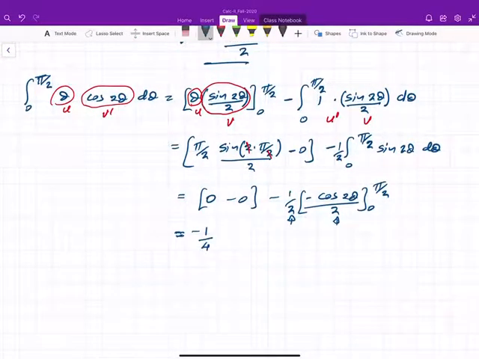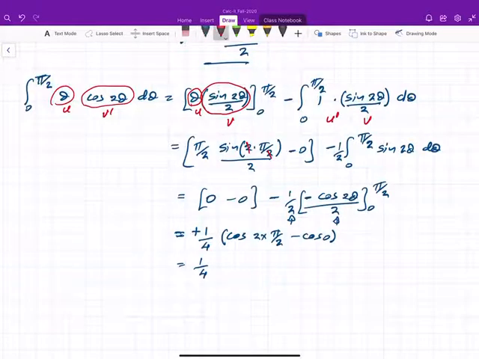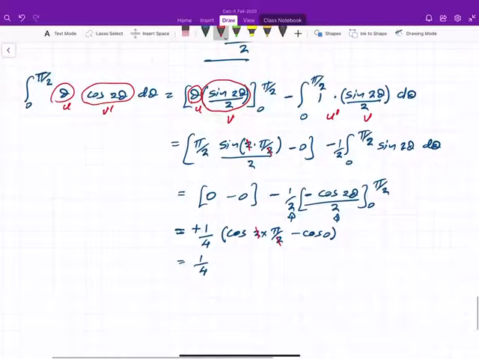And then with that minus I put plus, and then I write cos 2 multiplied by pi over 2 minus cos 0. Here 1/4, we cancel that with that.